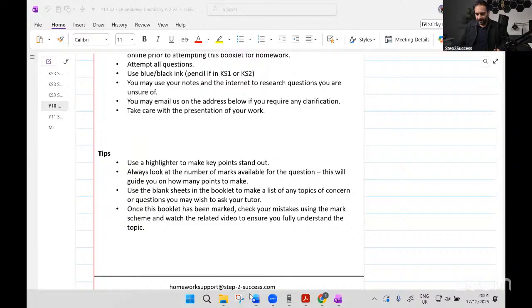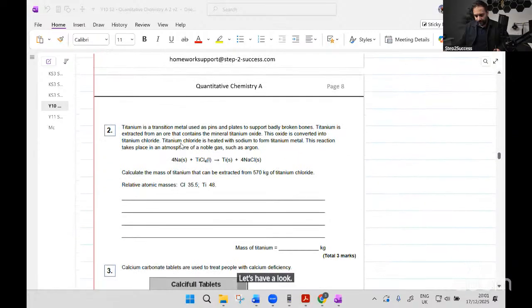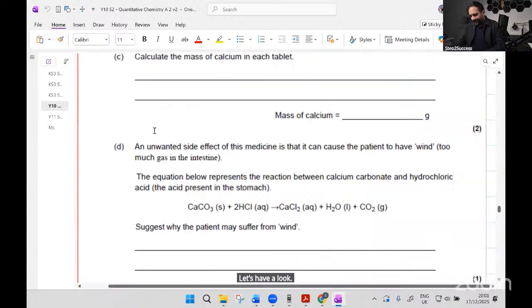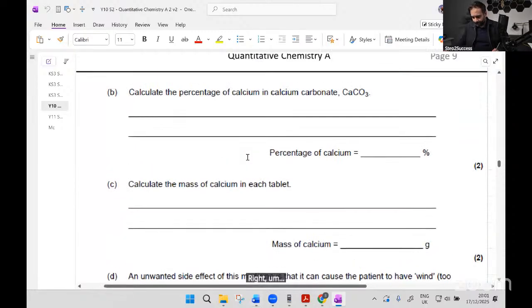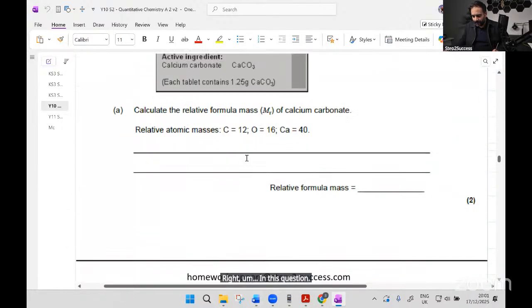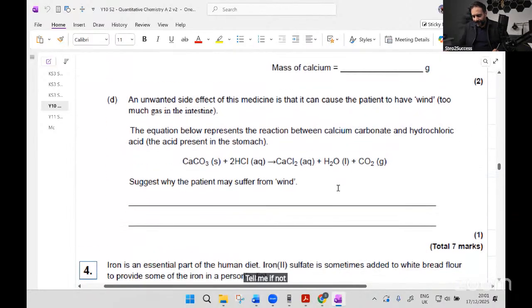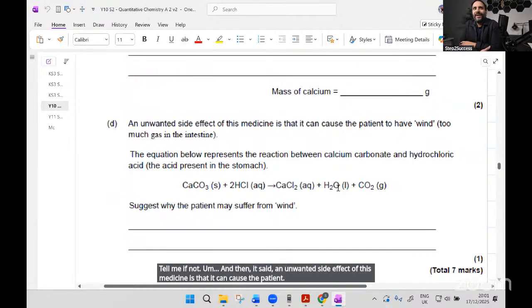Year 10, question 3D. Let's have a look. In this question, we had to do some calculation, which should have been hopefully easy enough. Tell me if not. Then it said an unwanted side effect of this medicine is that it can cause the patient to have wind.